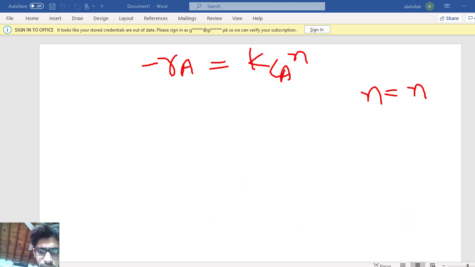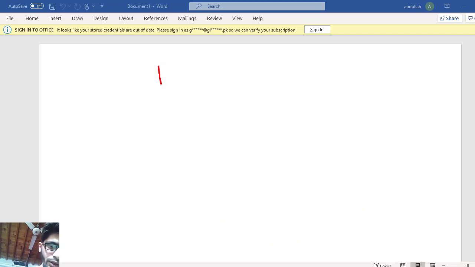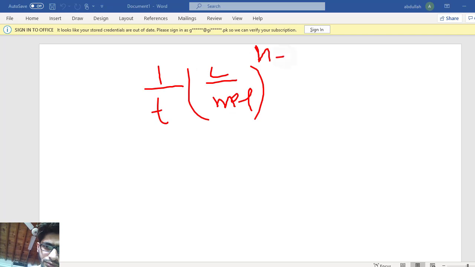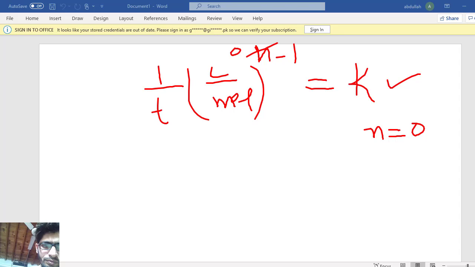It can also be written as 1 over time, liter by mole to the power n minus 1, which is equal to the unit of rate constant. So now put n is equal to 0, and this term will be 0.